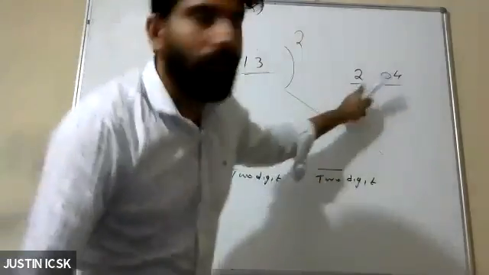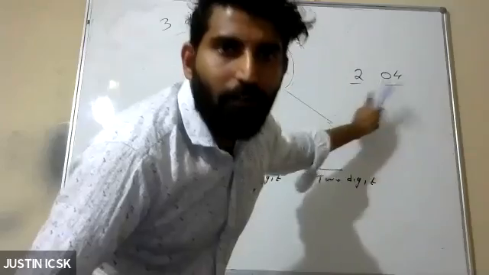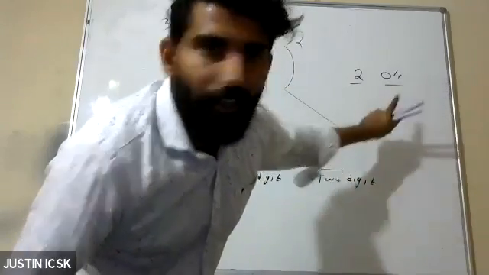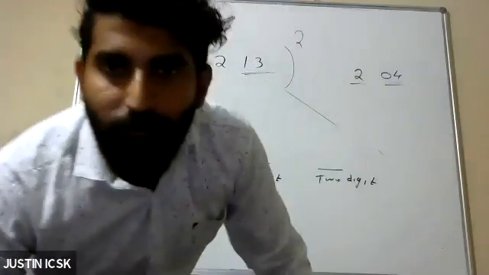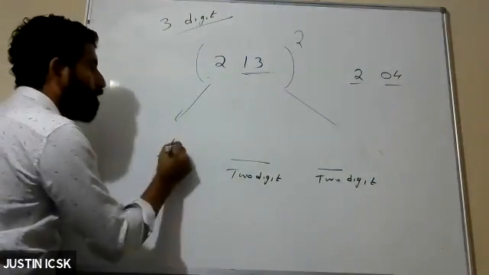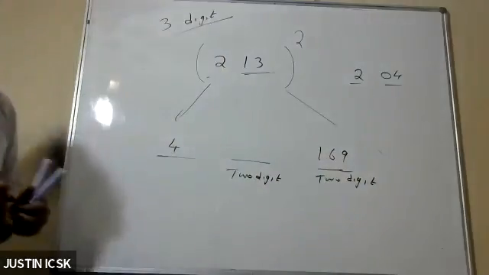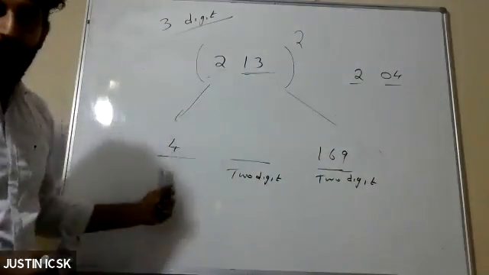Last time I told you don't multiply 2 into 0, because I marked it like 0 4. That means 2 into 4. If you multiply 2 into 0, it becomes 0 only. So do the first step: 4, 169. First and last steps we can do. 2 square is 4.